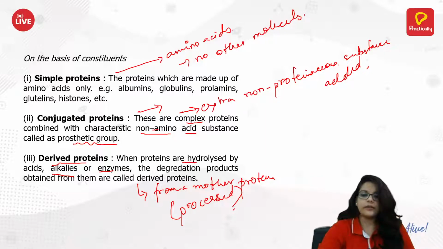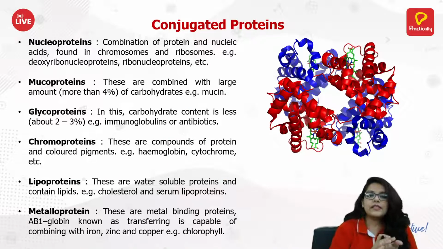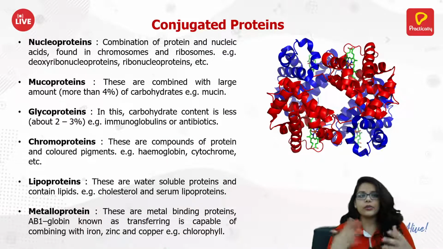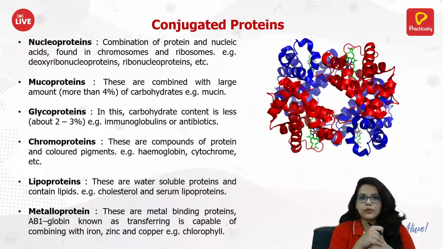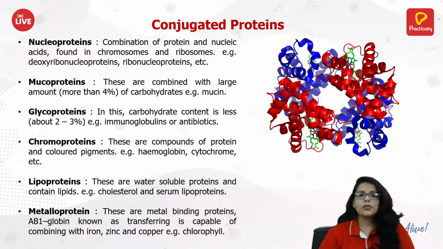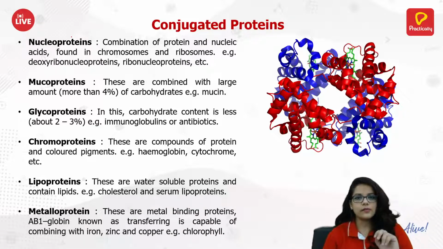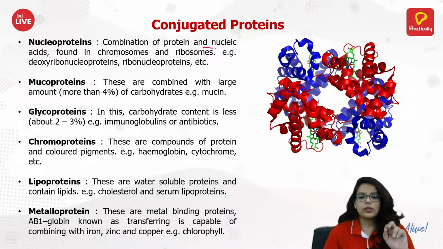Hello, Netra. Good evening. Now, we said that proteins are divided according to what is added into them, an extra substance apart from the amino acids. Suppose there are some nucleic acids, some genetic material, found in chromosomes, ribosomes, etc. With the protein there are some nucleic acids also.